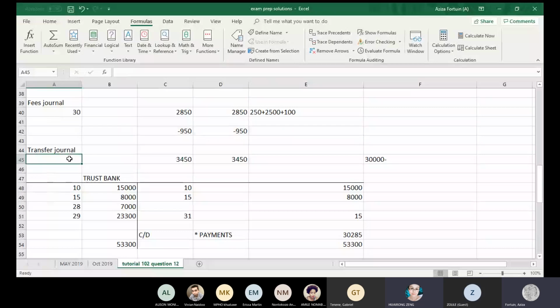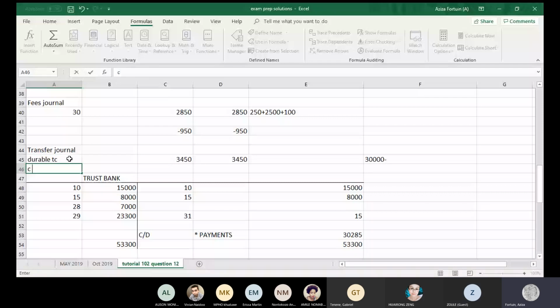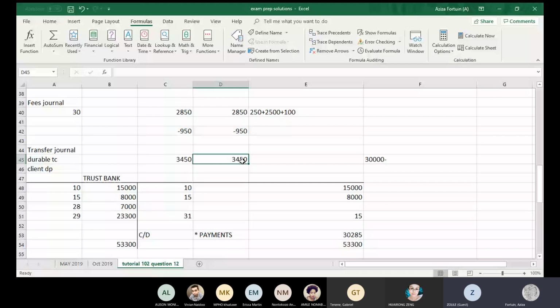Because when I talk about the 27,500, that is a trust payment. I'm using it to calculate the differences. We only transfer the differences. So you will debit the trust creditor, durable plastics, and you're going to credit the client. Okay, let me just put the 3,450 at the bottom. That is how you will do it.